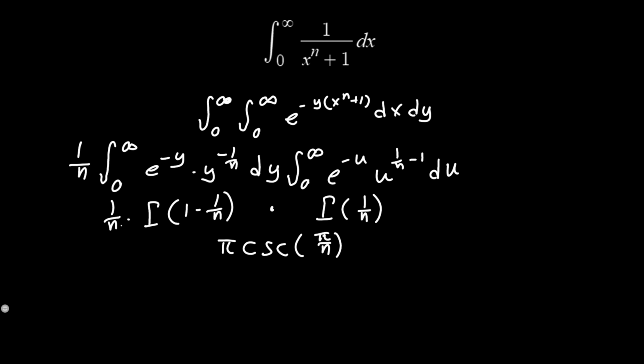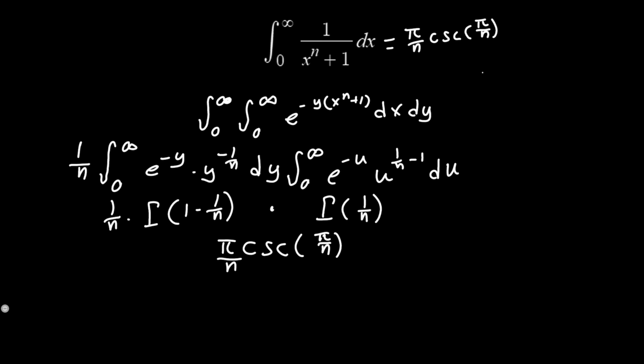And since it is divided by n, we will have this. So after all that, we see that our original integral is pi over n times cosecant of pi over n.